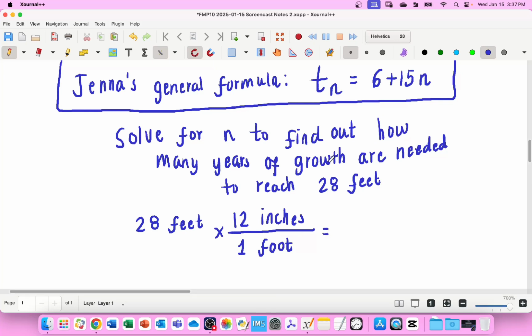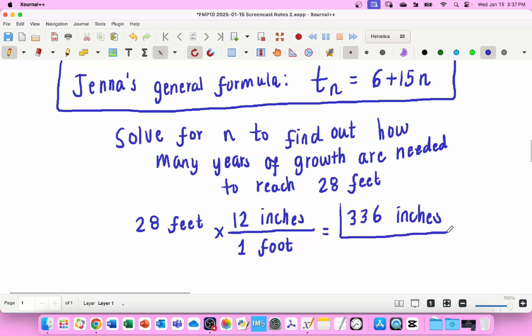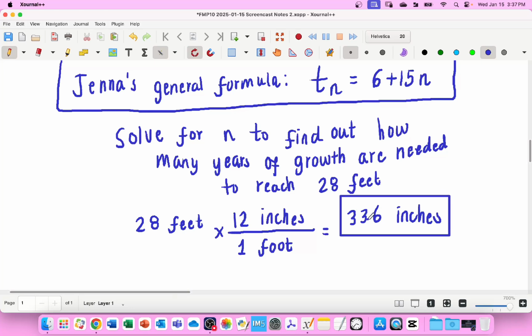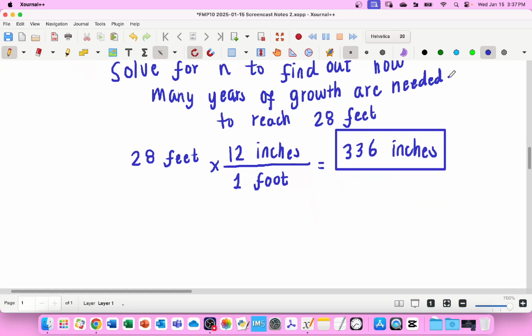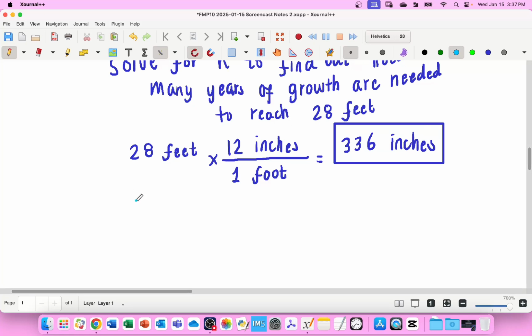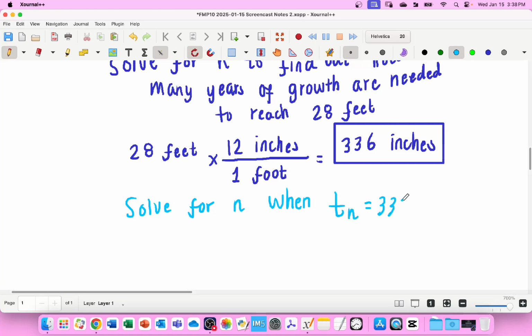So that means I get 336 inches. So basically what I'm trying to do is solve for n when Tn equals 336.